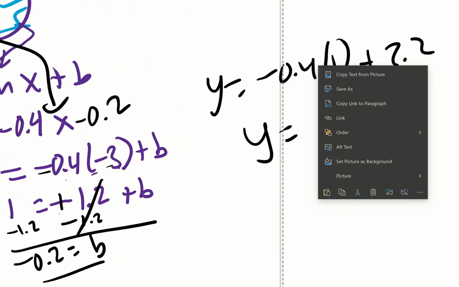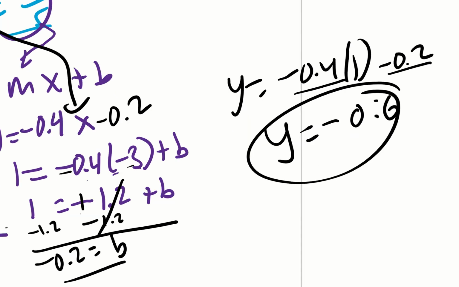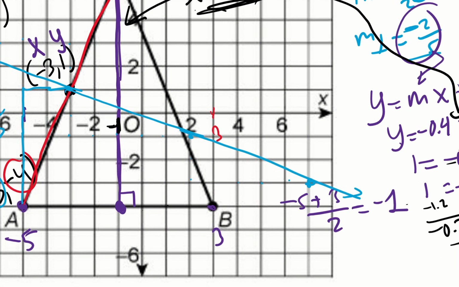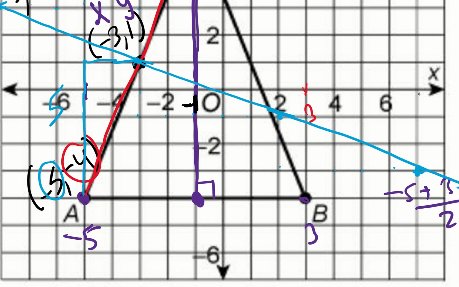And then we can plug in -1. So we got -0.4 minus 0.2, which is -0.6. So it looks like the coordinate is around there. Okay, so this is around -1, -0.6.